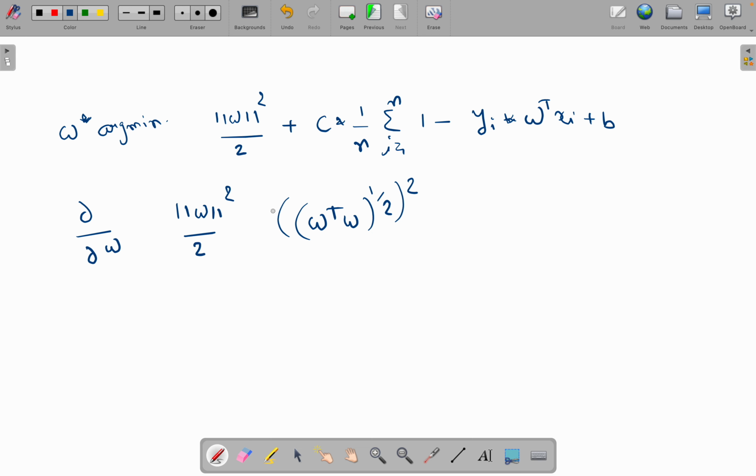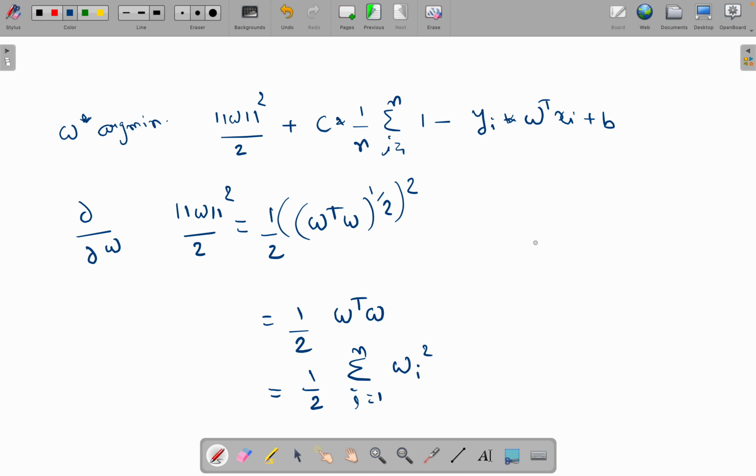The 1 by 2 raised to 2 would be cancelled, and we will end up with 1 by 2 W transpose W. And W transpose W can be written as the sum over i equals 1 to n, where n is the size of W, of wi squared.